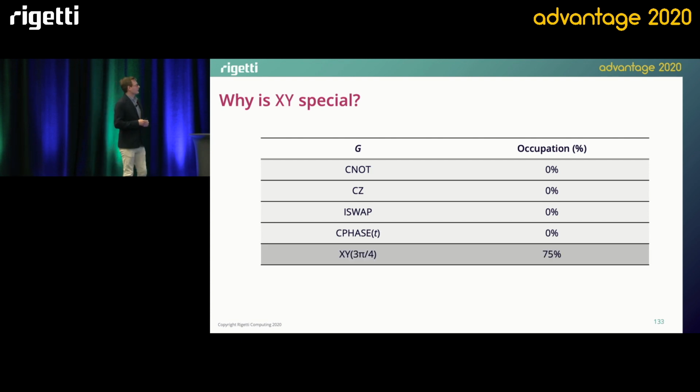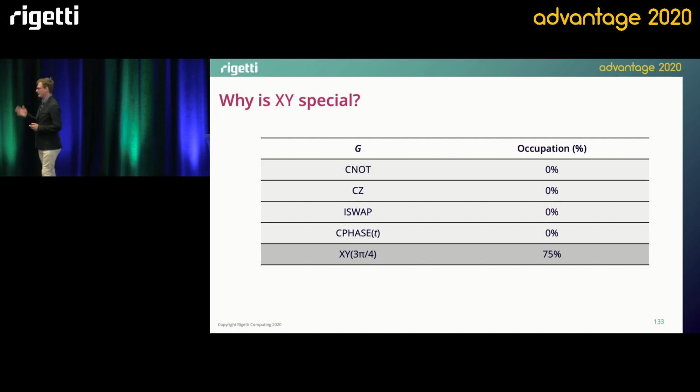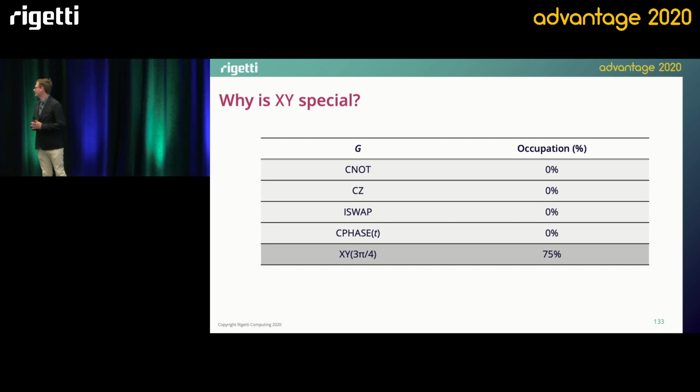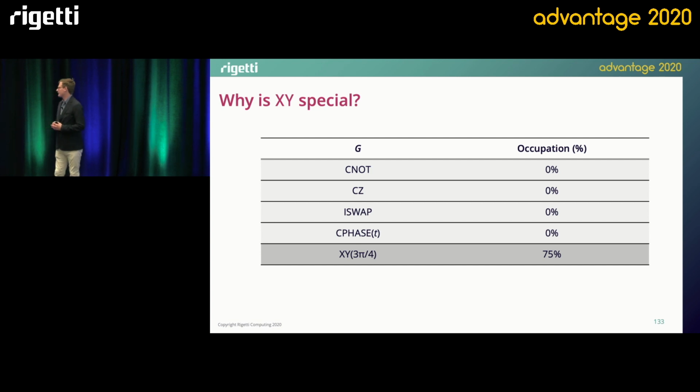Where it gets interesting is with XY. In the case of XY, we see that now we have a non-zero percentage. In this case, XY at a single fixed angle, this magic angle, we get this percentage, about 75% of the entire space can be represented if you just tune up this one single gate.